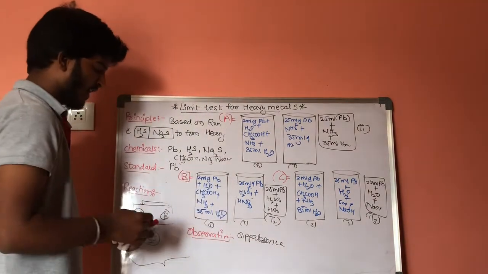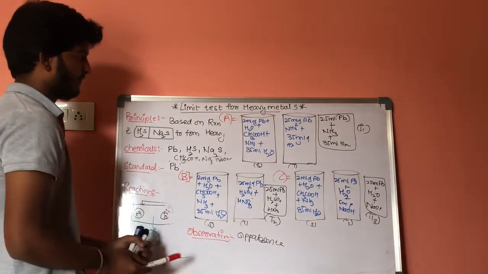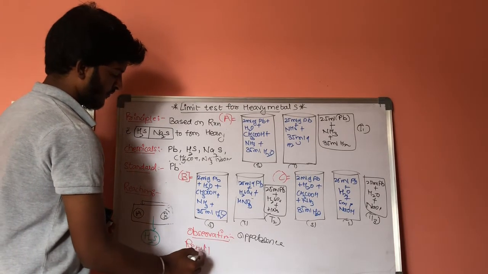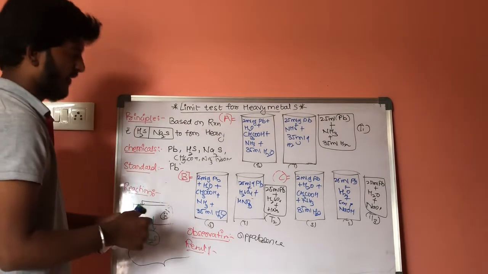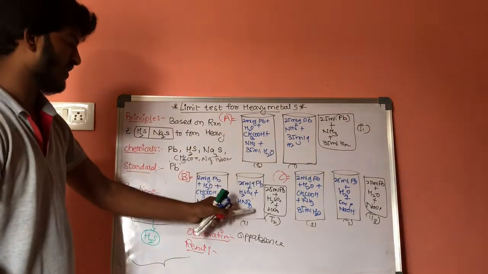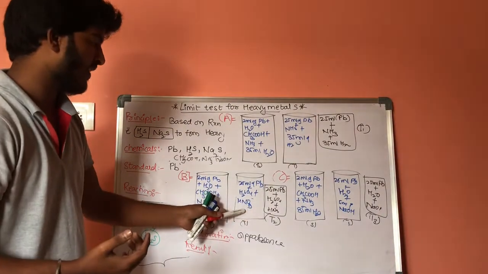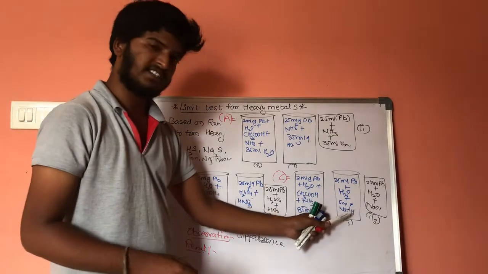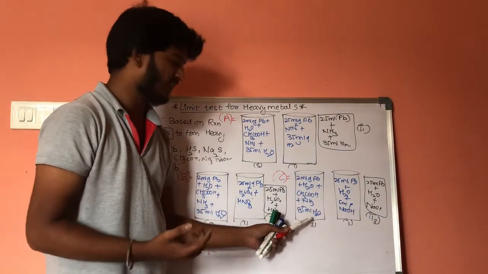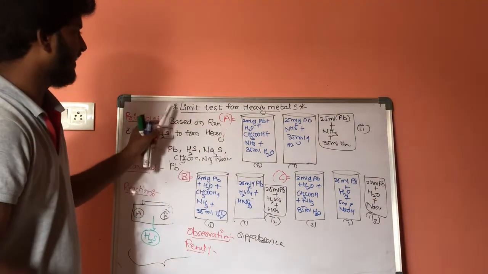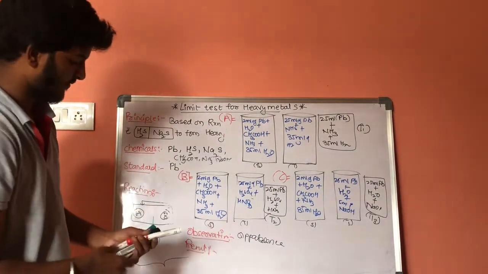Opalescence should be observed, and the result is that opalescence in test A will be lesser than in the standard, opalescence in test B will be lesser than the standard, and opalescence in test C compared with the standard solution will be lesser. So in this way, the limit test for heavy metals can be passed.